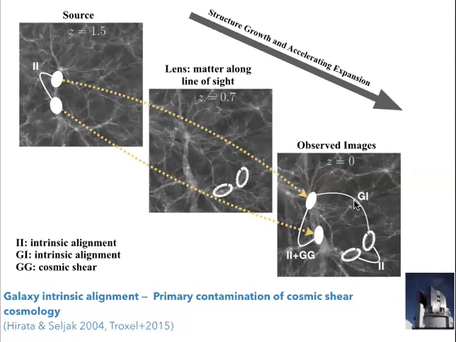So this will cause an extra GI intrinsic alignment signal. Studies have shown that GI is an order of magnitude higher than II, so it's the main signal that contaminates cosmic shear cosmology. So in this work, I focus mainly on the GI intrinsic alignment signal.